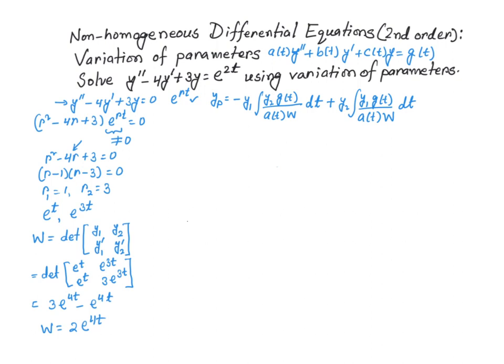That's where the a of t comes from, which is the coefficient of y double prime. The Wronskian is something you already know, and g of t is the right hand side. In our case, g of t is going to be e to the power 2t.